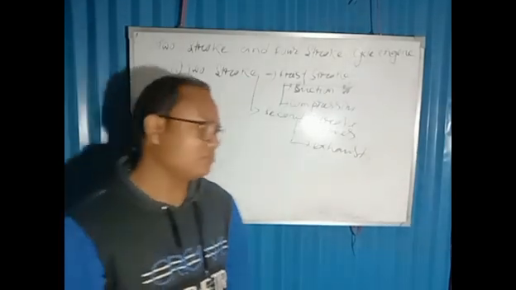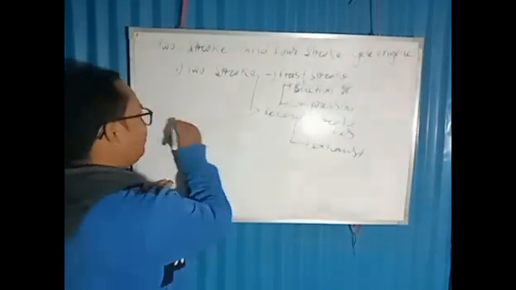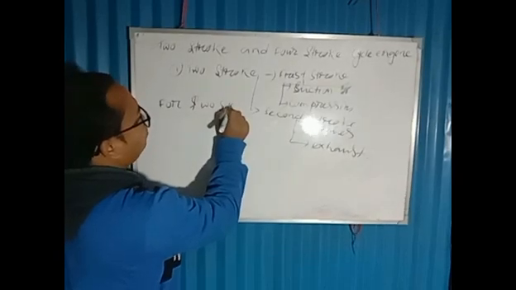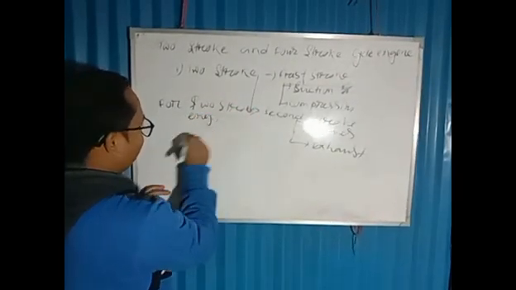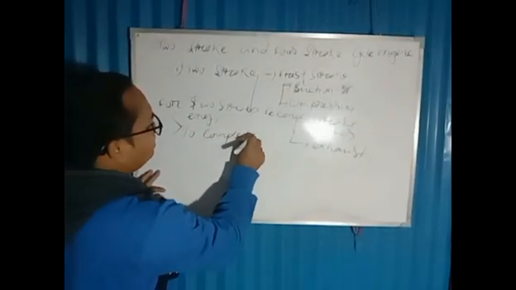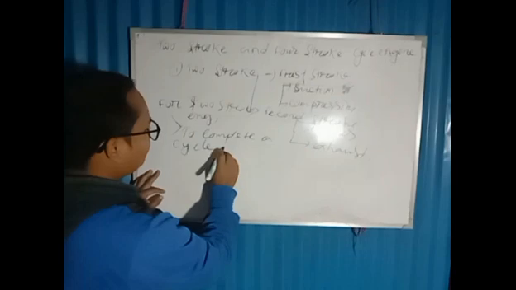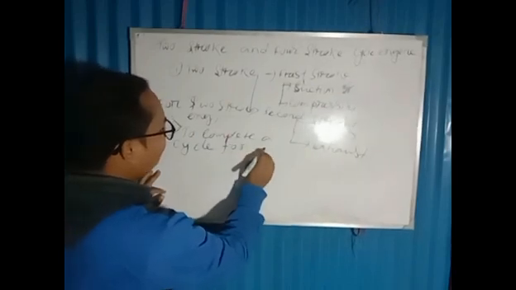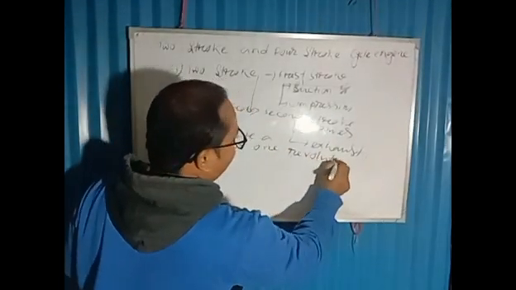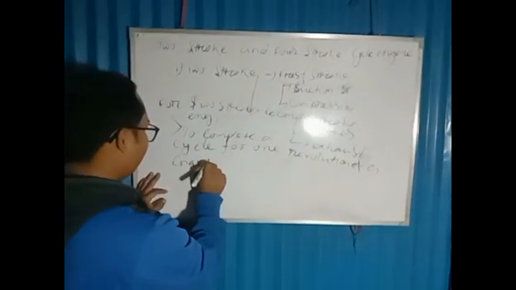So basically, for a two stroke engine, to complete a cycle, there is one revolution of the crankshaft.